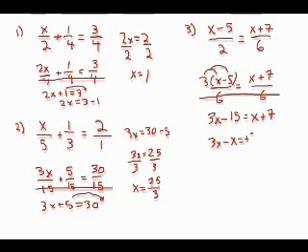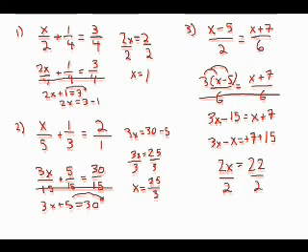We still have positive 7 on the left-hand side. Bring minus 15 over to the right-hand side, it becomes plus 15. 3x minus x, or 3x minus 1x, is 2x. 7 plus 15 is 22. Divide both of those sides by 2, and we get x equals 11.